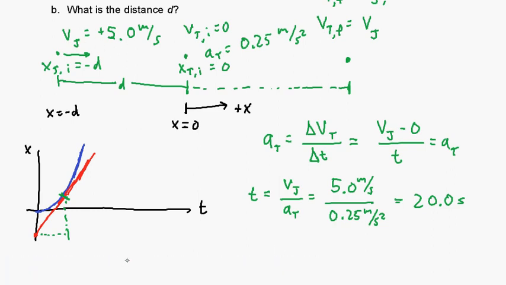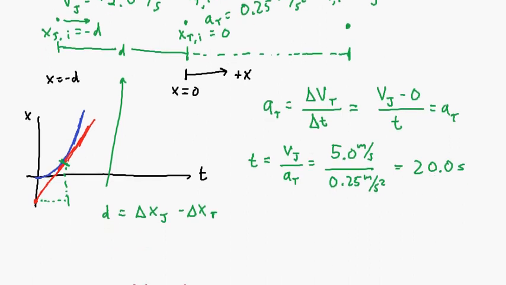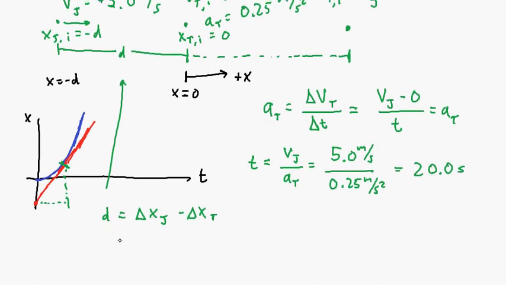Okay. So what is the distance d? So basically for part B, the distance d up there is how far Jarvis goes minus how far the train goes. Okay, so Jarvis goes at a constant speed for the time we found, t.